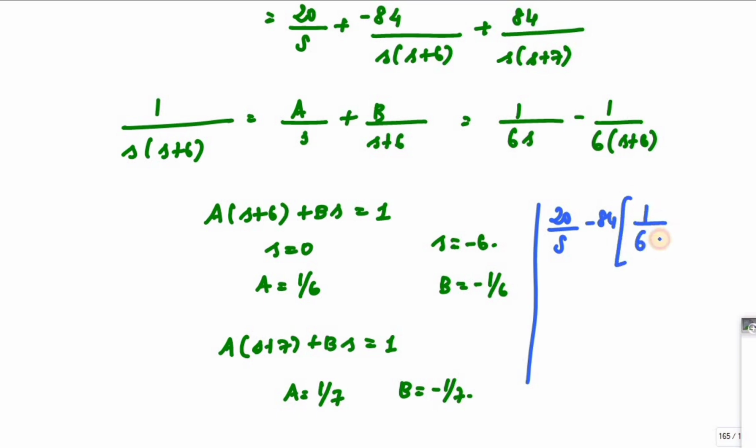So 20 divided by s, minus 84, I'm going to take it common. So 1 divided by 6s minus 1 divided by 6 into s plus 6 plus 84 into 1 by 7s minus 1 divided by 7 into s plus 7.